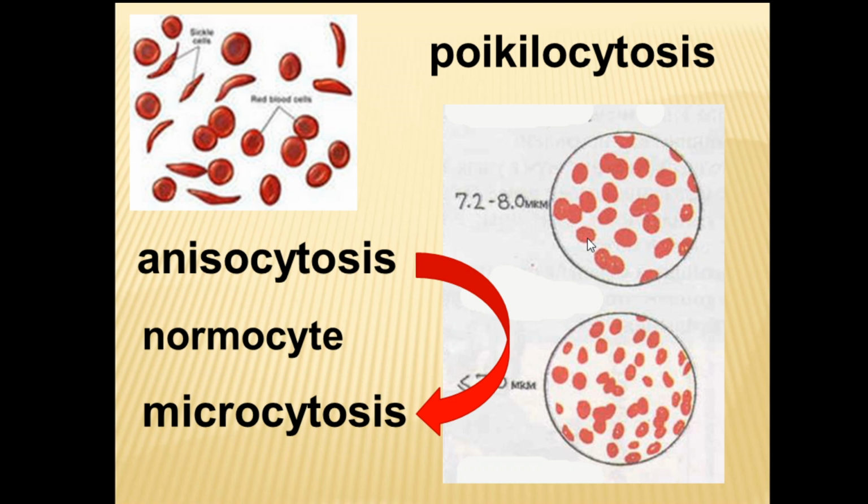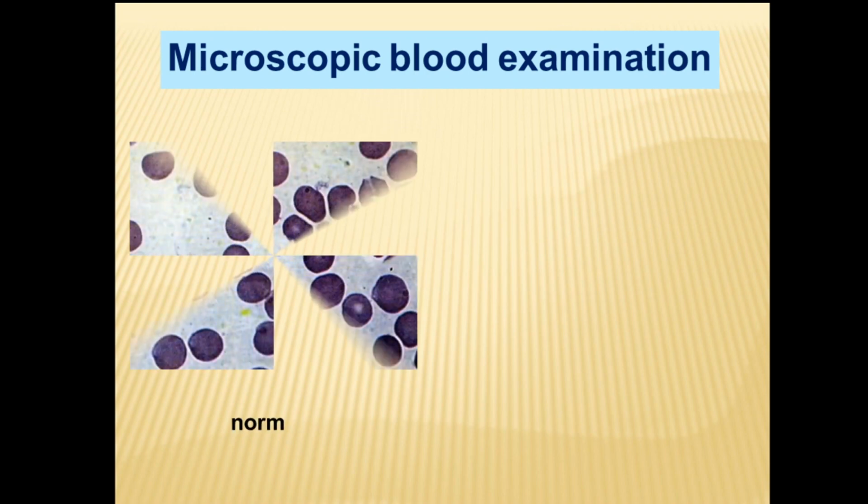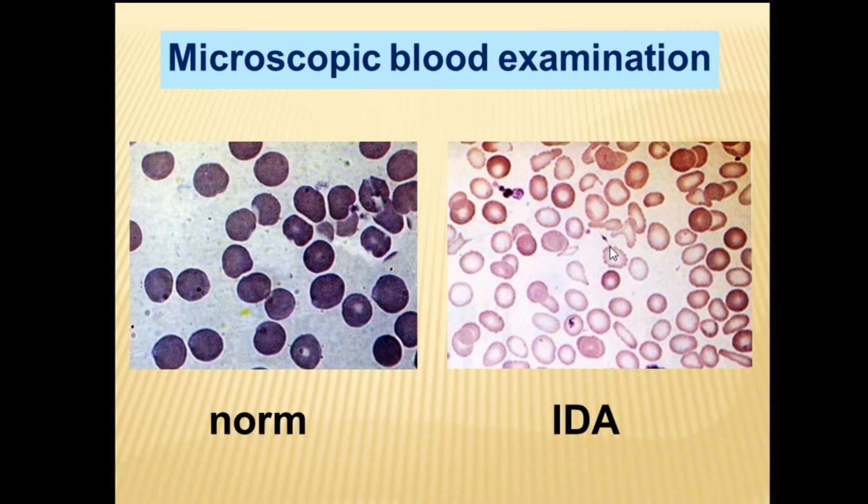The upper slide is characteristic of normal size of erythrocytes and the lower of erythrocytes in iron deficiency anemia. Microscopic blood examination. Compare again normal blood and iron deficiency anemia: pale and small erythrocytes with different shapes.